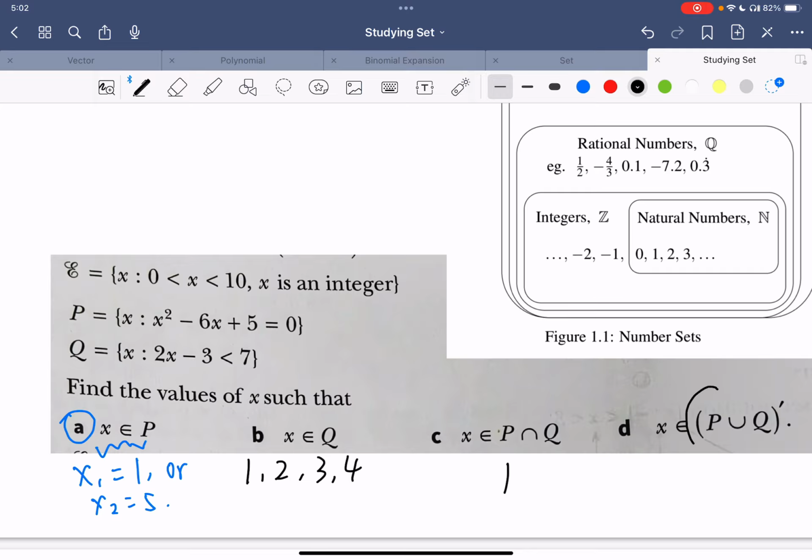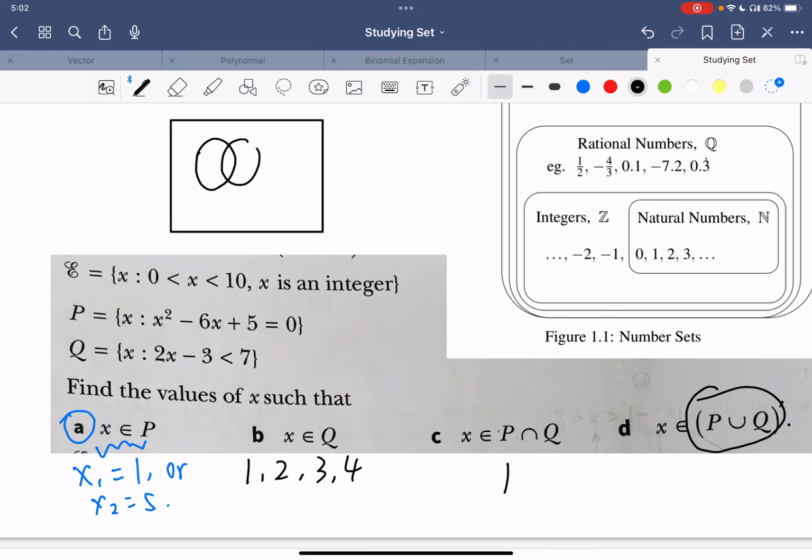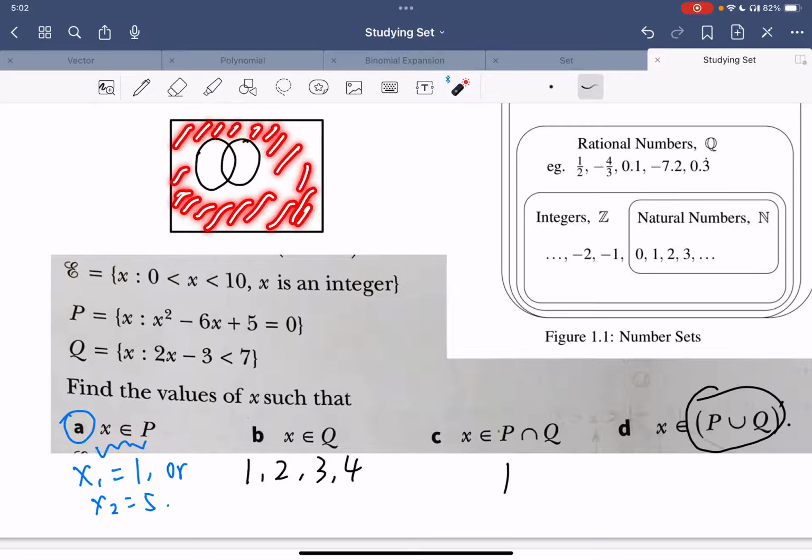And now here, if we draw on the graph, when you get confused, always draw on the graph. The complement of P union Q is the shaded area, right? How can we find out the shaded area? We just remove all the things.